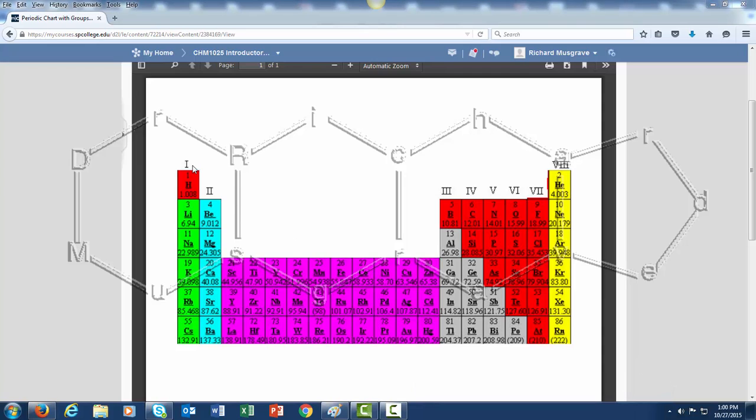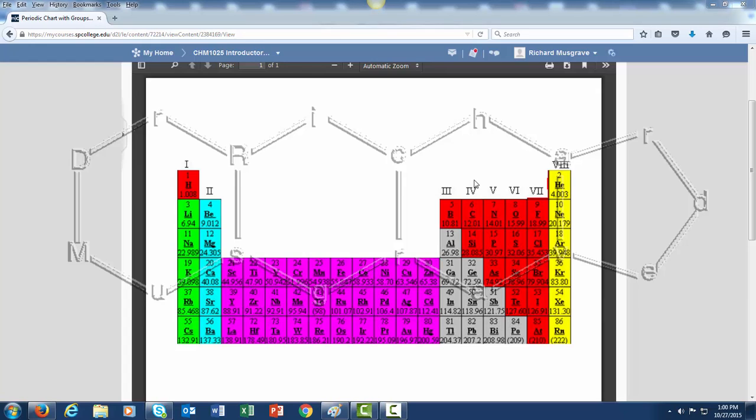If it's in group 1, it'll become 1 plus, group 2 will become 2 plus, group 3 will become 3 plus. If it's in group 7, 6, or 5, it will gain electrons in order to form an outer shell, and these will form anions. Group 7 will be 1 minus, group 6 will be minus 2, and group 5 would be minus 3.